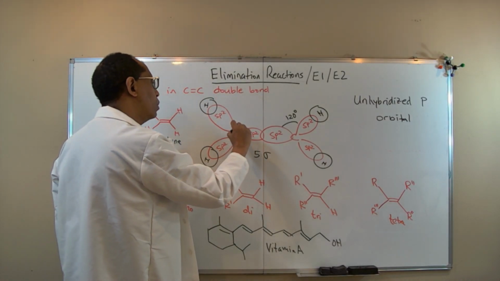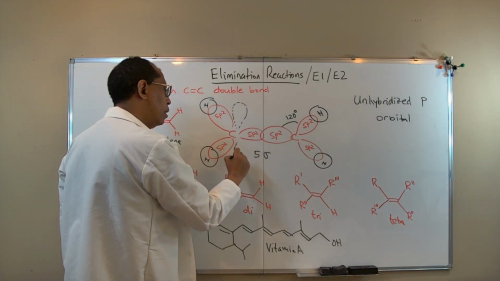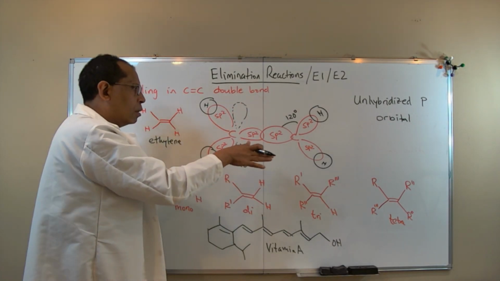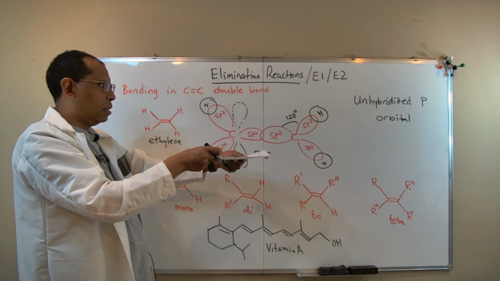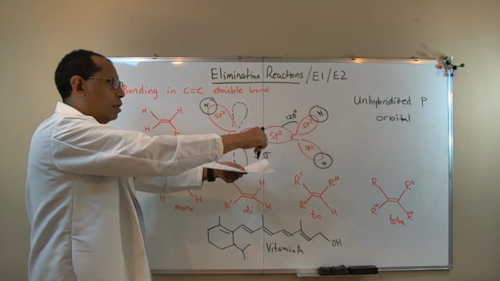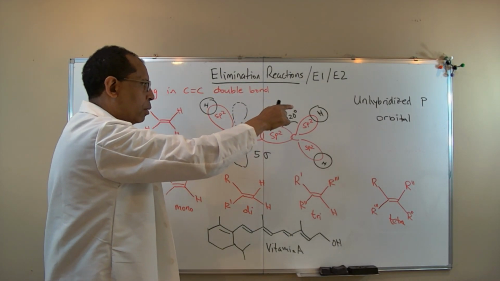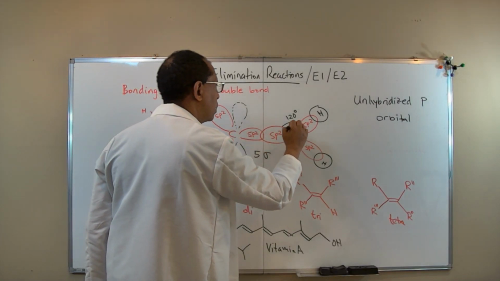So I'll just put them here with this dashed designation. So if all the sp2s are, for example, flat like this, the p orbitals are here and there. So one unhybridized p orbital from one of the carbons, another one from this.